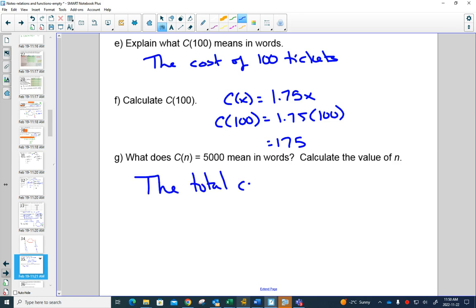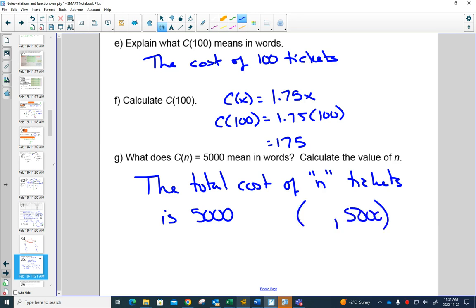The total cost of n tickets is 5,000. Does that make sense from that notation? Because they tell you what the y, C of n, that's your y value. They tell you your y value is 5,000. So you know, as an ordered pair, you would know this is 5,000. This is what you don't know.